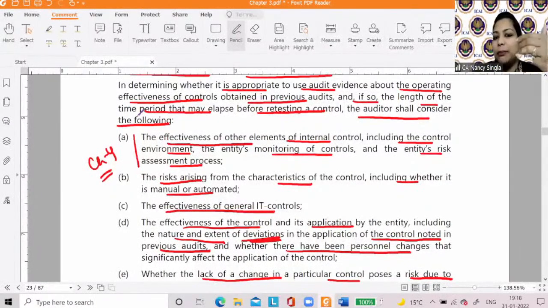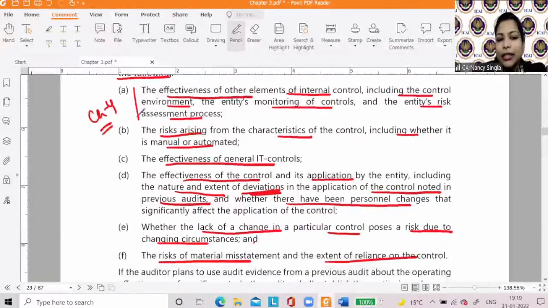Characteristic of the control, whether manual or automated. The risk of lack of change along with changing circumstances. And it depends upon the risk of material misstatement and the extent of reliance on the control.